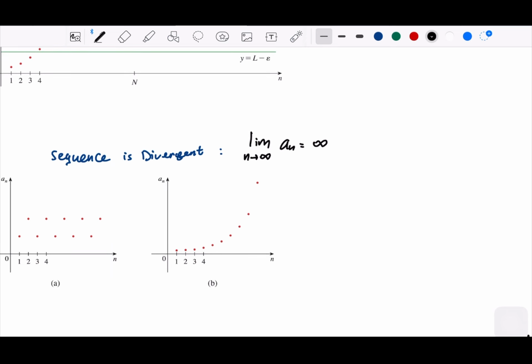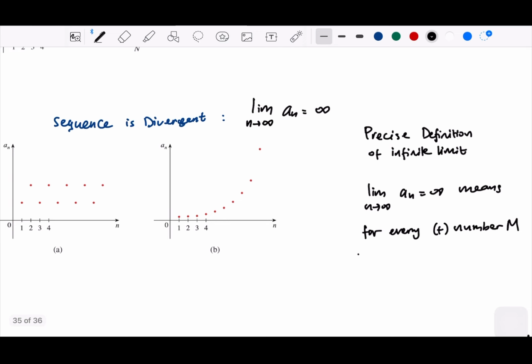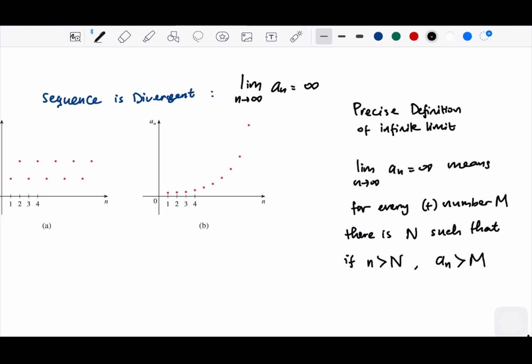And in the precise definition for the infinite limit, so these notations mean for every positive number, let's say capital M, there is N such that if n greater than N, then a_n is greater than M. This is to show that whatever big number you have, like this M, the a_n is always bigger.